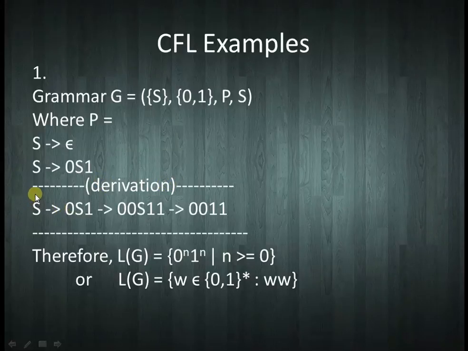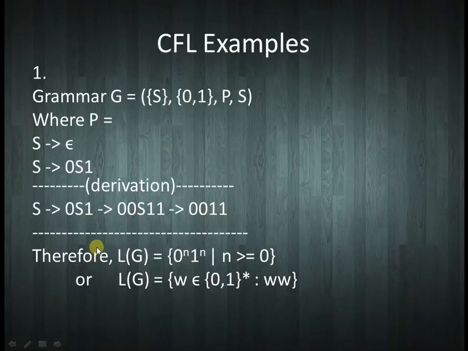The first production, S produces 0S1. Since it's recursive, we can substitute S with 0S1 again, producing 00S11. Since S can be substituted with an empty string, the next production will be 0011.